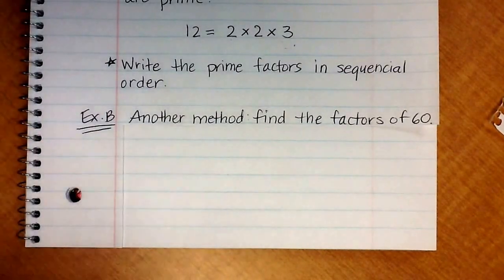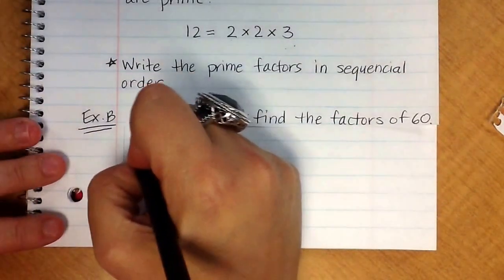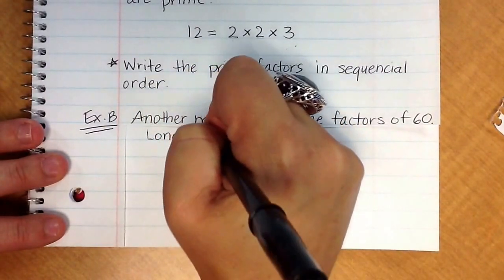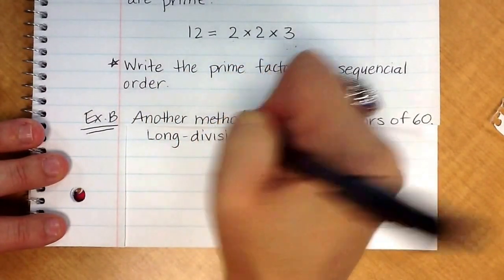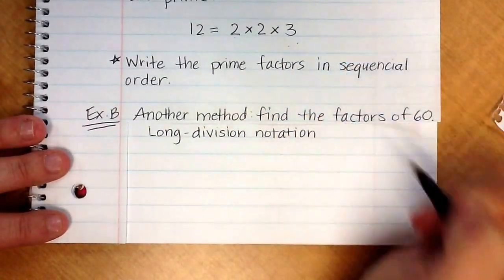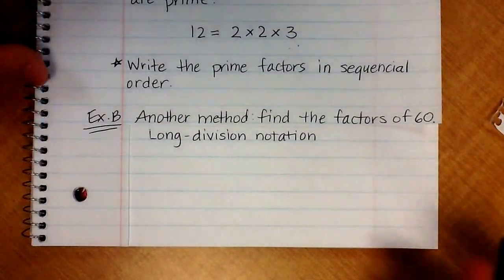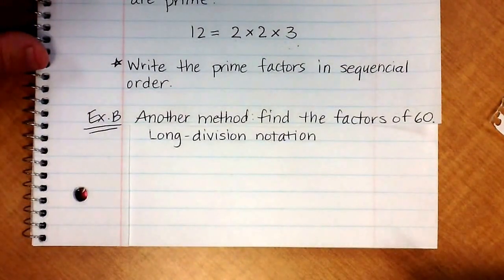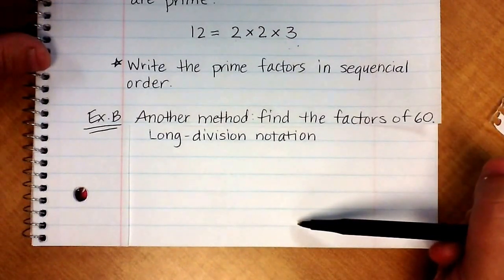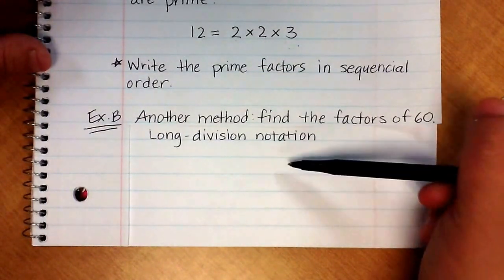This method that I'm going to be showing you is called the long division notation method. So because we're going to find the factors of 60, we're going to use a division bracket, but instead of starting up at the top and working down with this long division notation method, we're going to start at the bottom and work up.